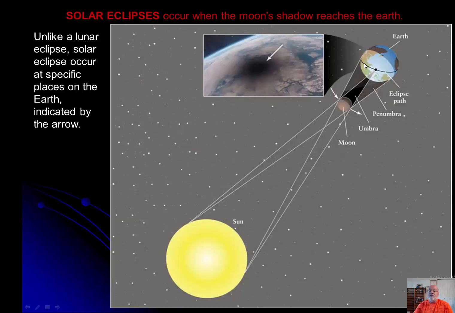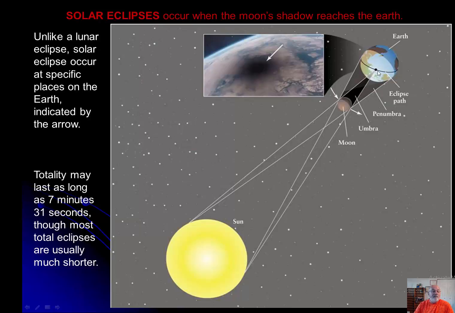Very short solar eclipse at that point, very short at this end, long in the middle. Totality may last as long as 7 minutes and 31 seconds, but most of them are going to be much shorter. And like I said, that one in August 2017 is about 2.5 minutes of totality, so it's not going to be anywhere close to this 7.5 minutes.